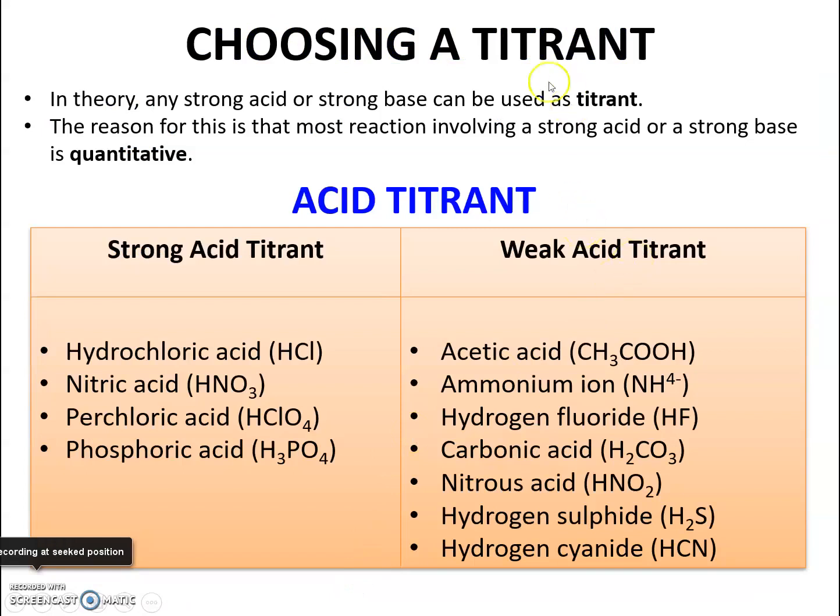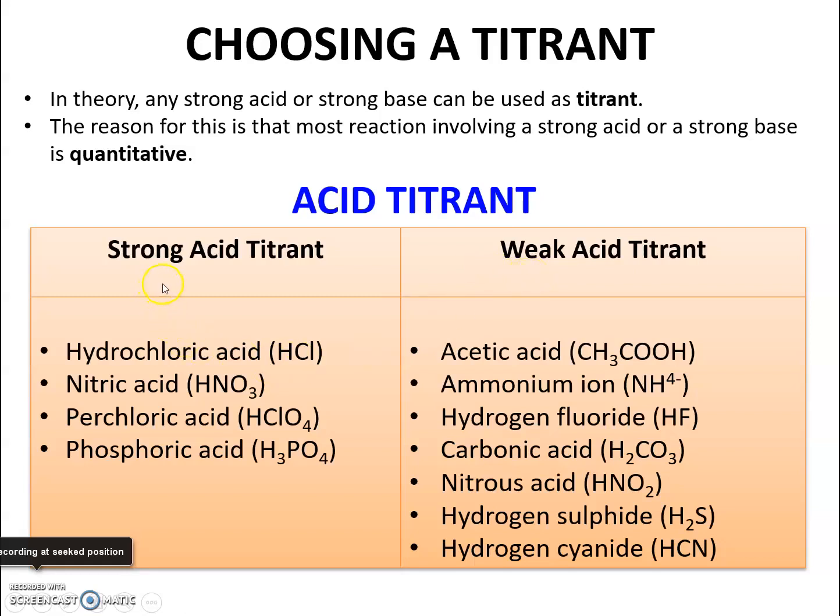Choosing a titrant. In theory, any strong acid or strong base can be used as a titrant, because most reactions involving a strong acid or strong base are quantitative. Usually, a strong acid titrant is used, but a weak acid can also be used in titration.